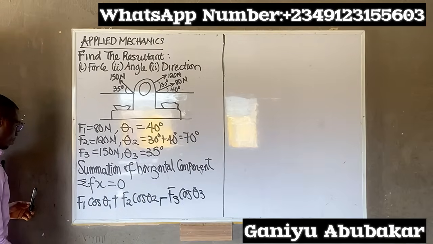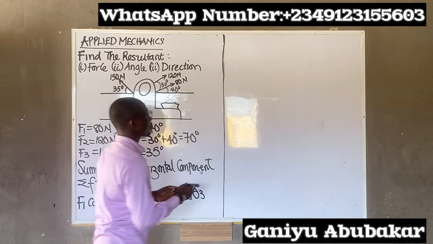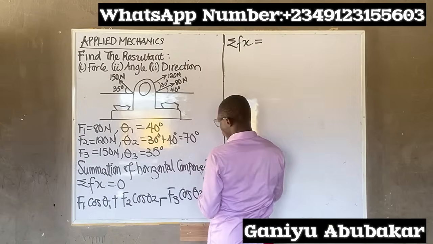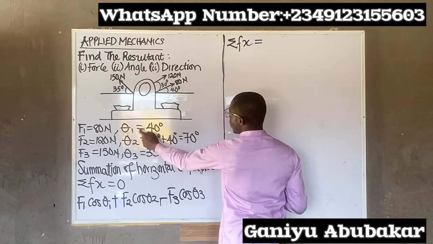All right, so let's get summation F of x. Summation F of x will be equal to, putting in values, what's F1? F1 is 80, theta 1 is 40.